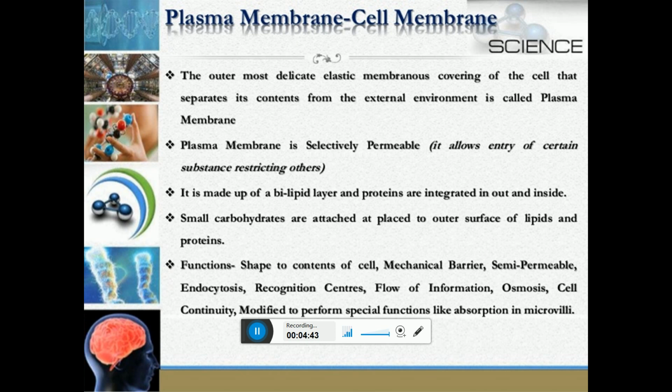Let's talk about the plasma membrane or cell membrane, which is also known as plasmalemma. First of all, we have to know the definition of plasma membrane or cell membrane.